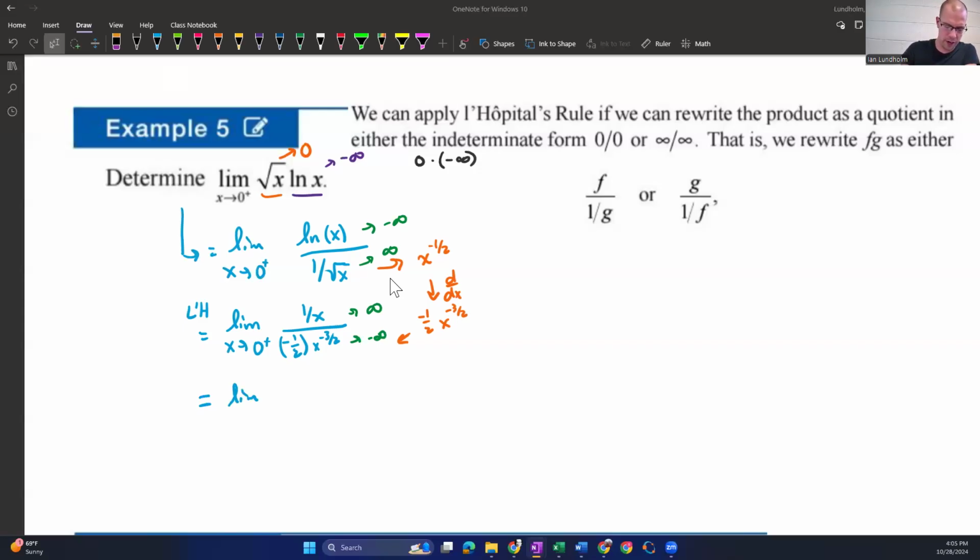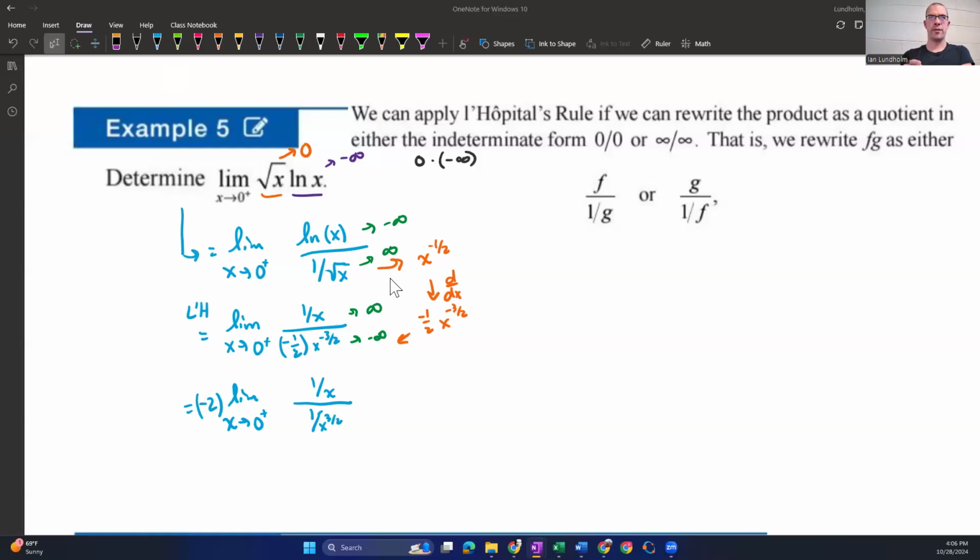So let me go ahead and try to make that work. All right, so we've got 1 over x on top. I'm going to pull that negative 1/2 out to the very beginning so that I don't have to worry about it. When I pull a negative 1/2 out of the denominator, it's going to be a negative 2 in the numerator. So I'm just going to throw that out front. x to the negative 3/2 power is 1 over x to the 3/2.